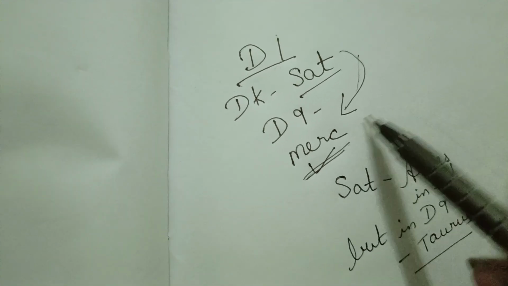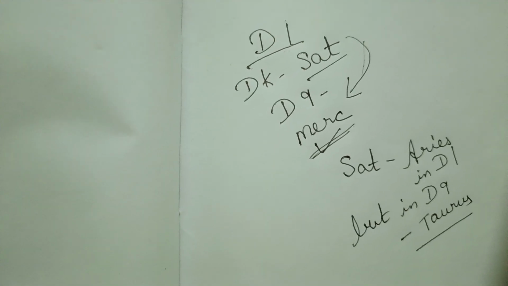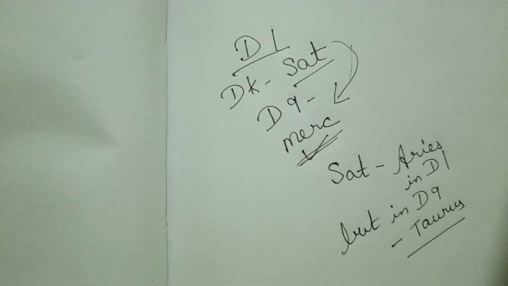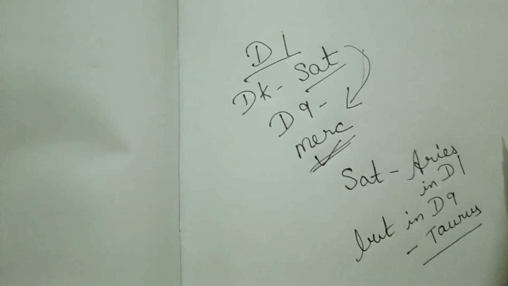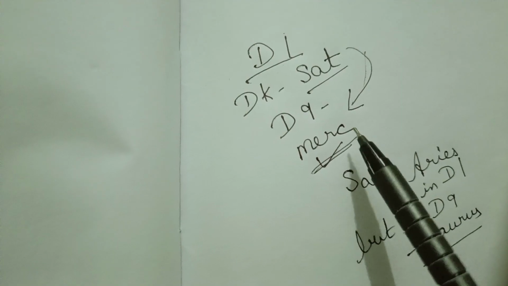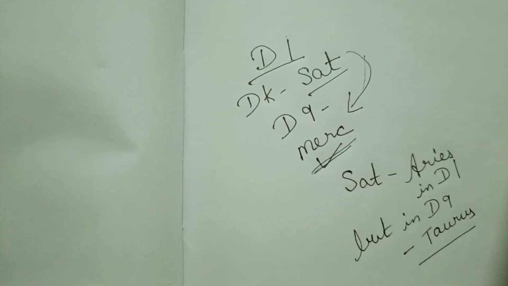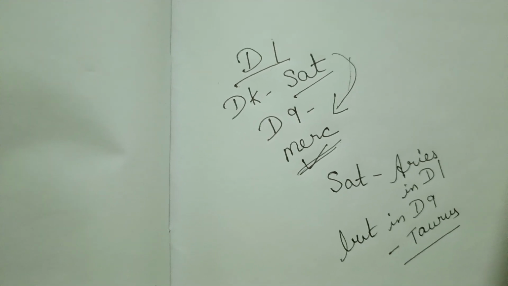So Darakaraka in D9 can help you understand deeply how your spouse would be, your spouse's nature, characteristics, job, or anything about your spouse. You can know from the Mercury placement also, the Darakaraka in D9. You can find this from the Jyotish app or Cosmic Insight app or other software.